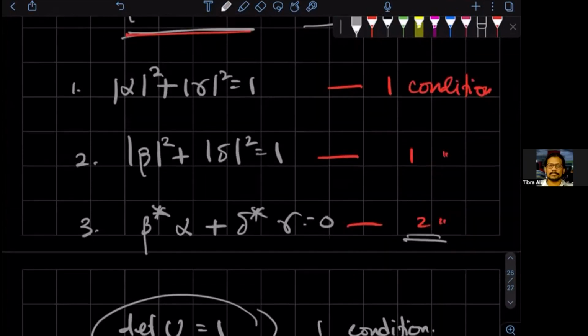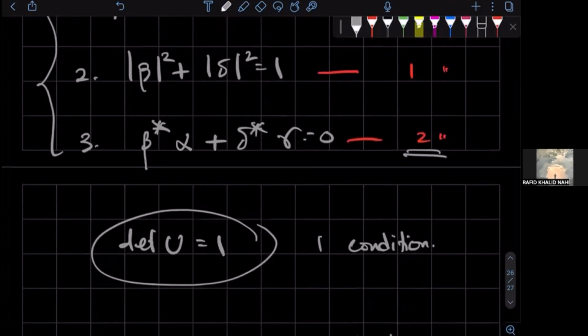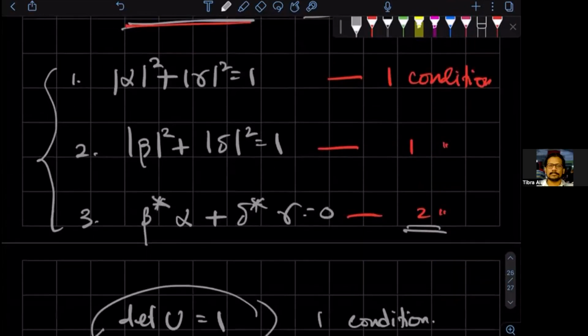Yeah, that's why I've written 2 here. So this is 8 minus 4, but this is an extra condition. It's not contained here.